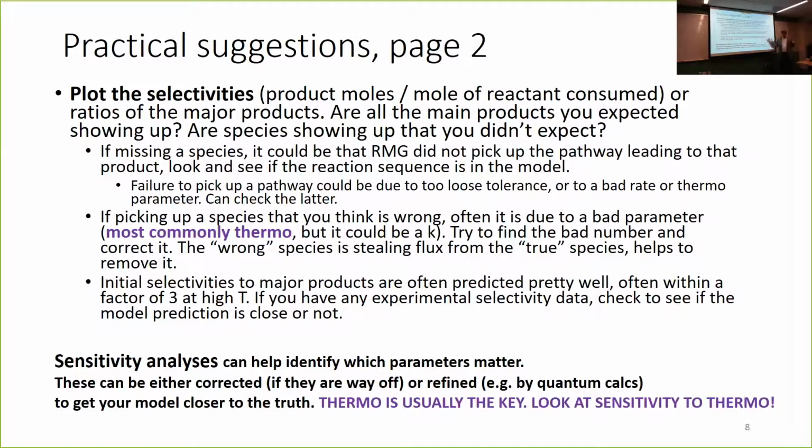It doesn't always work out that way, but if you have some experimental selectivity data, like product yields at one condition, you run the model at that condition and look at the products, and oftentimes you'll be pleasantly surprised that you're actually producing the major products in somewhere close to the proper ratios.